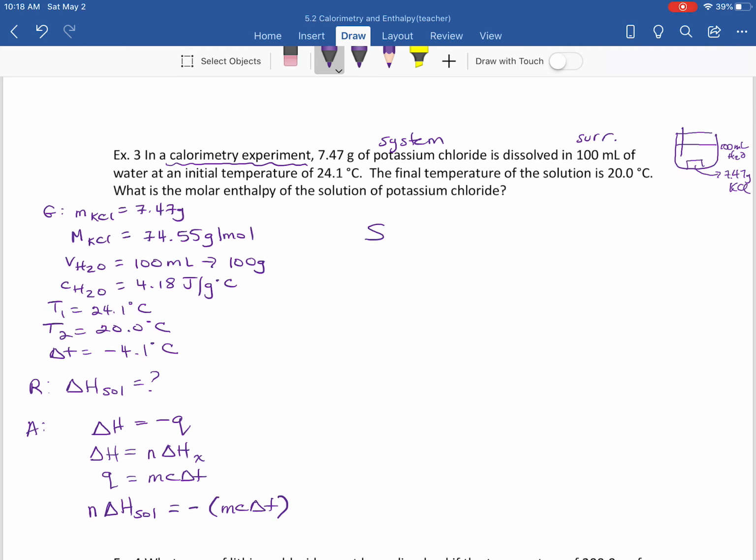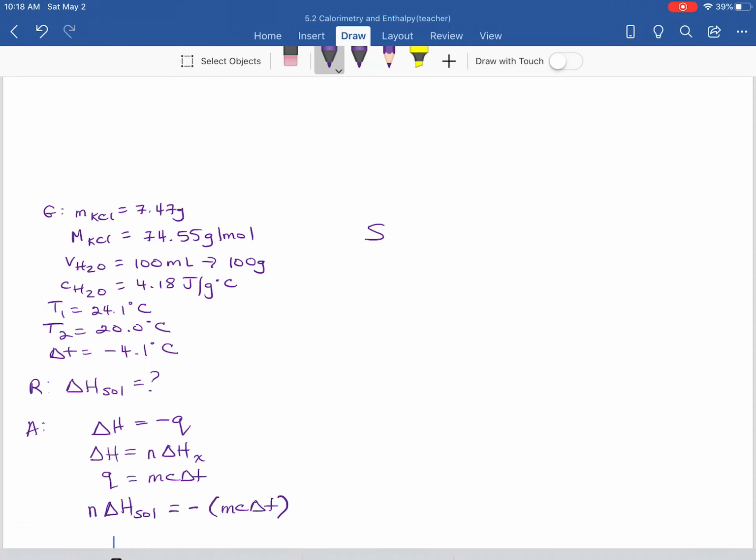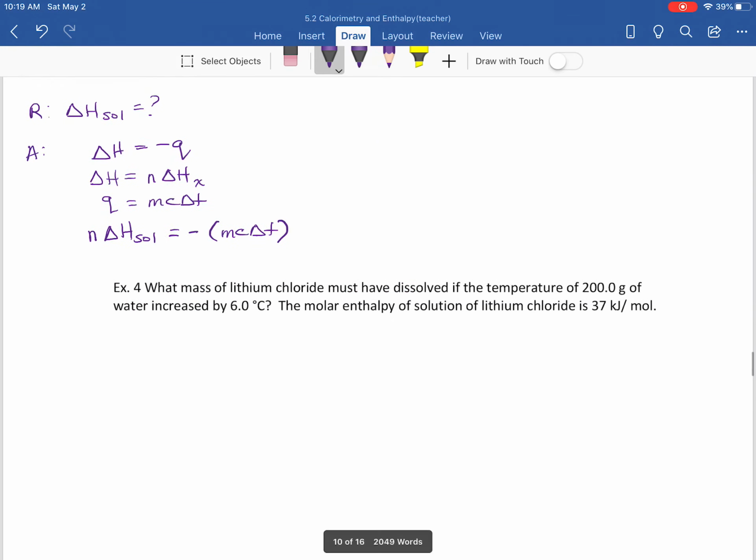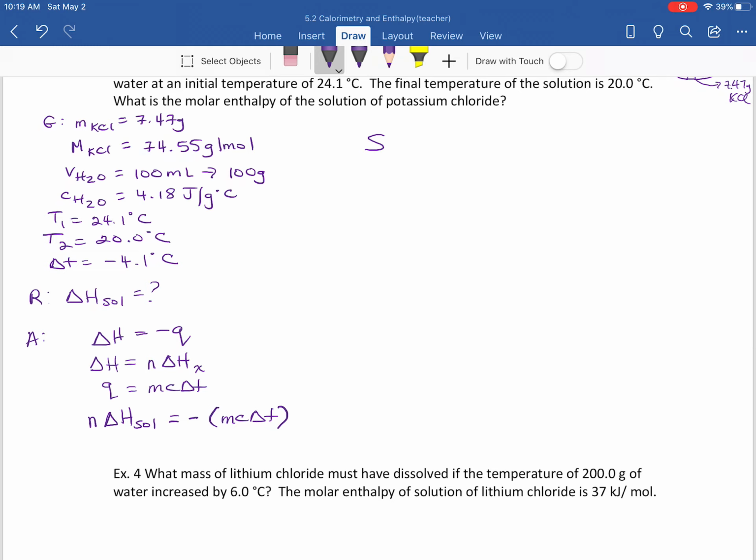Back to this. Let's solve. I have to figure out my number of moles first. Actually, do I need to do that? I guess I don't have to. We can solve here. Sorry about that, guys. My delta H of solution equals the negative mass.